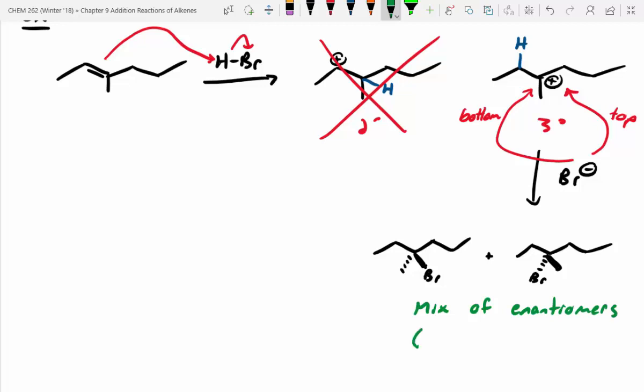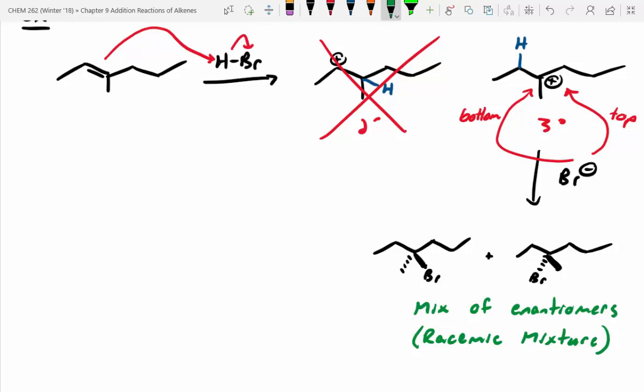Racemic. So in this case, it's a racemic mix. Will this be optically active? Meaning if we put it into a polarimeter, will it rotate plane polarized light? No, because it'll cancel out, right? One will twist light one way, the other will rotate it the opposite way. If you've got an equal amount, they just cancel each other out. So this is a perfect example of that.